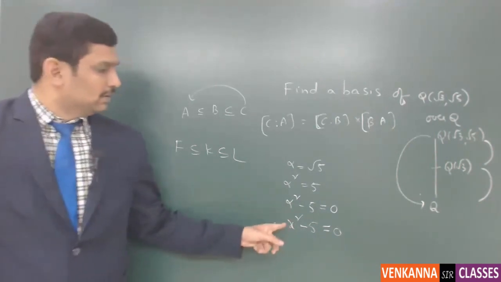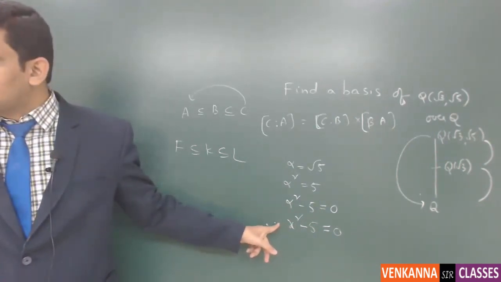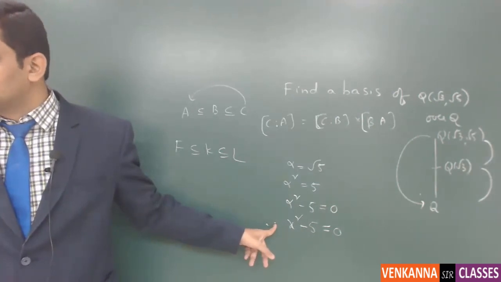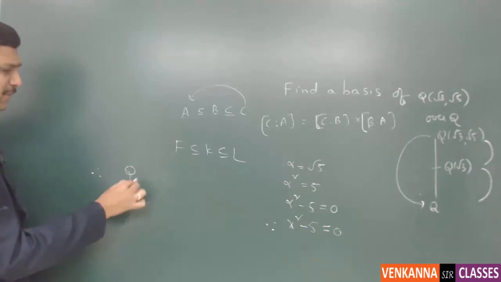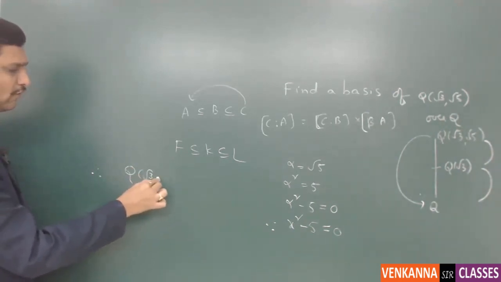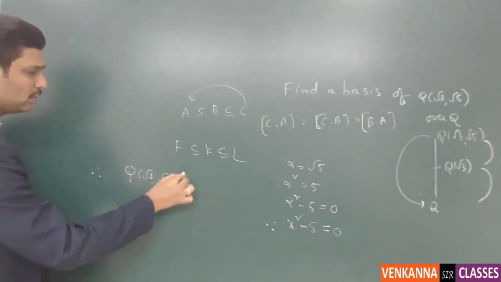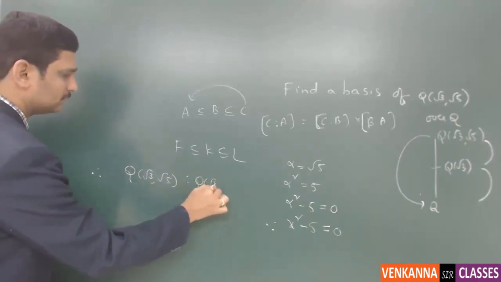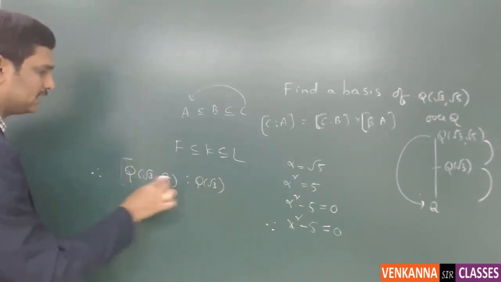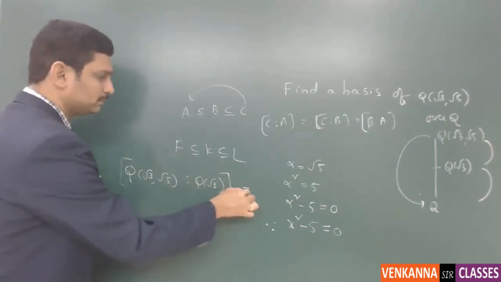Now, what is the degree of this polynomial? 2. If you calculate the dimension [Q(root 3, root 5) : Q(root 3)], this is nothing but 2.